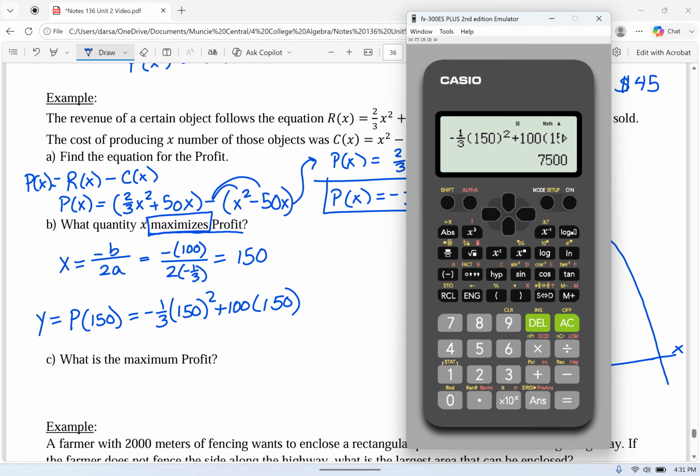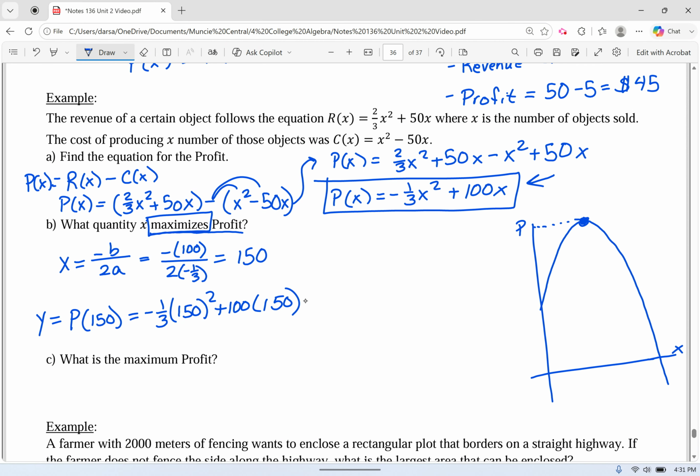And it looks like we get 7,500. Now, that is our vertex. Whenever we want to find the maximum of anything, the first thing we're going to do is find the vertex.